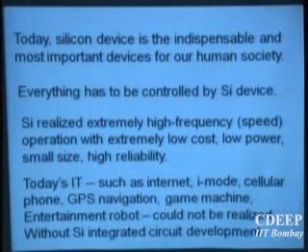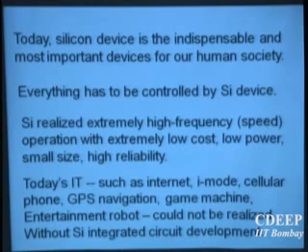Today silicon devices are indispensable. Everything has to be controlled by silicon. Silicon has realized extremely high frequency operations. As I said, what is the kind of frequency we are working at? 2.6 gigahertz. The time will come soon when we will have a frequency of 50 gigahertz.